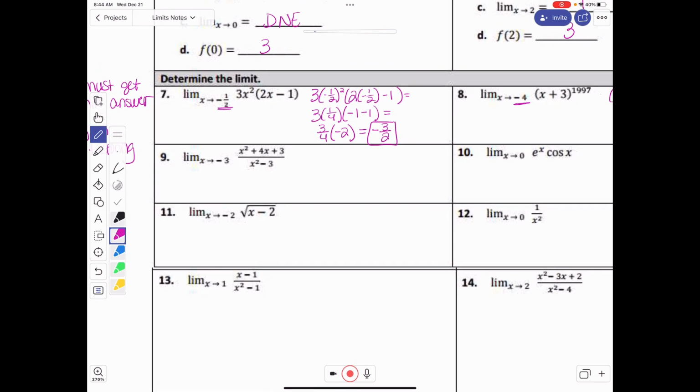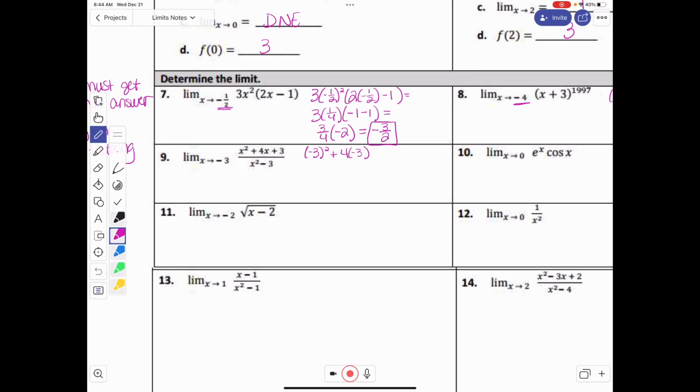All right, if I plug in -3 on this one, we have -3 squared plus 4 times -3 plus 3 over -3 squared minus 3. As we simplify this part here, -3 squared is going to be 9, and then minus 12 plus 3 over, and then we'll have 9 minus 3 on the bottom.